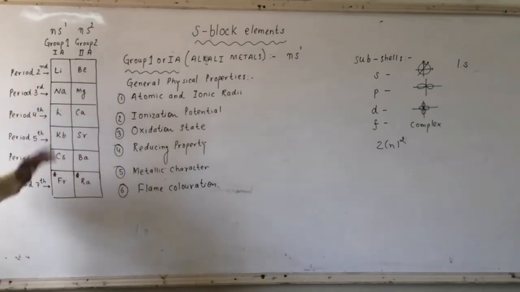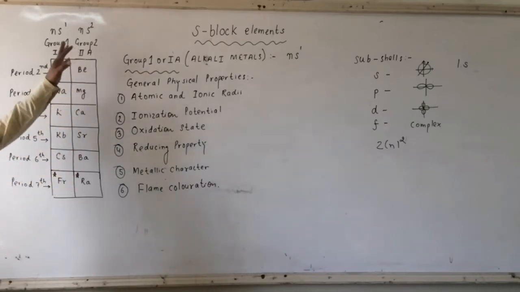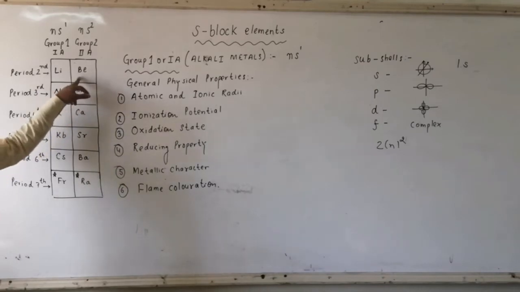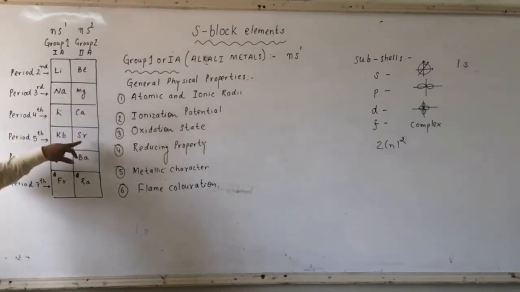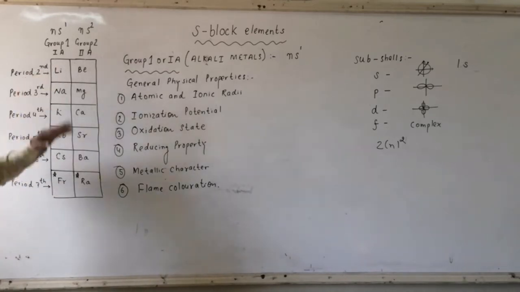Be belongs to the second period, so the valence shell will be second, as 2 electrons can be accommodated here. So its outermost electronic configuration will be 2s2, for magnesium 3s2, 4s2, 5s2, 6s2 and 7s2. So this is the general outermost electronic configuration for group 1 and group 2.